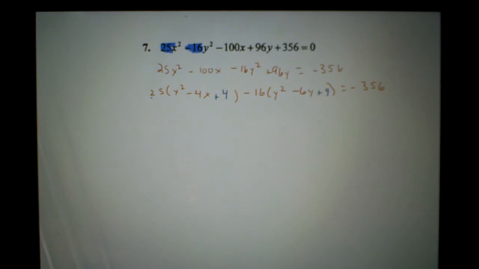Don't forget to add 25 times 4. So that's adding 100. And don't forget to add negative 16 times positive 9. So that's adding, if you will, a negative 144. So I end up with 25 factor... I need a 1 on the right side.